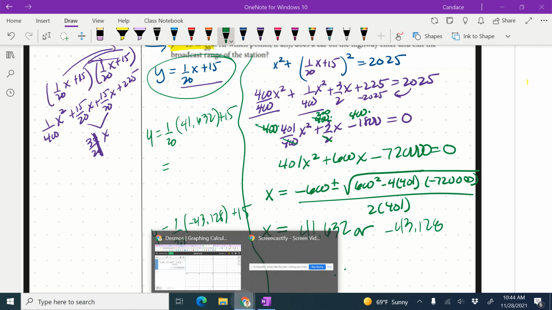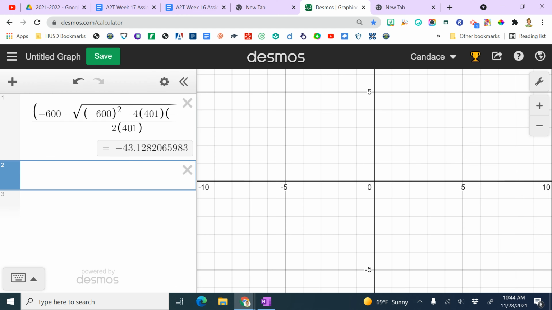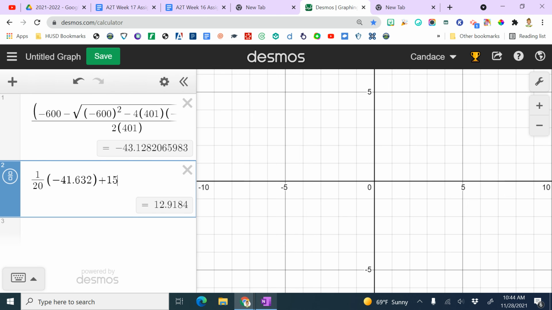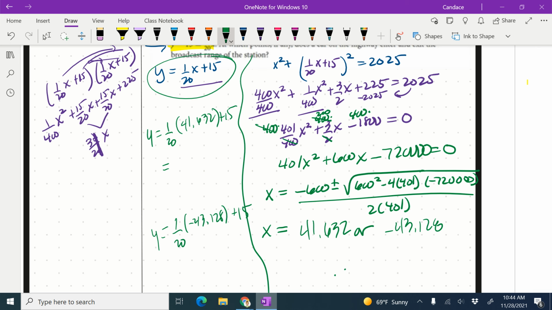All right, so let's put those into Desmos really quick. So I've got 1 over 20 times 41.632, and then we're going to add 15.